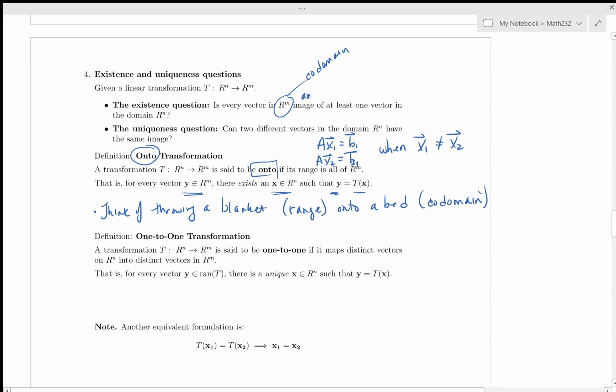If the bed is covered by the blanket, so you can't see any portion of the bed, then the throwing, that is the transformation, is onto.